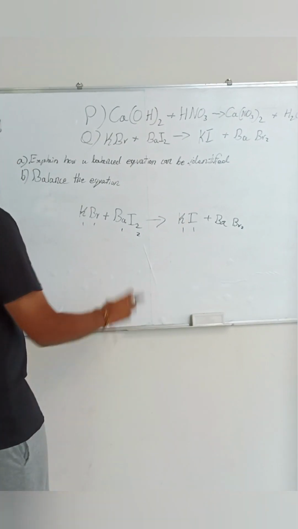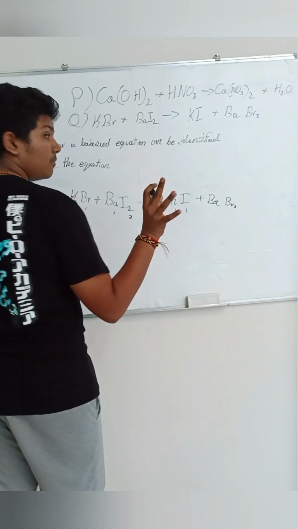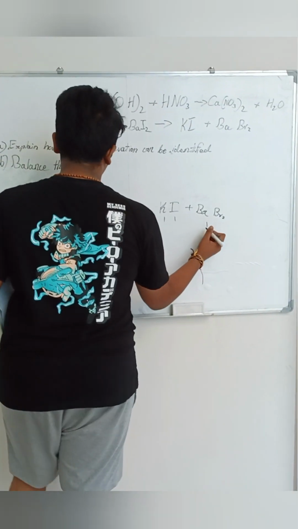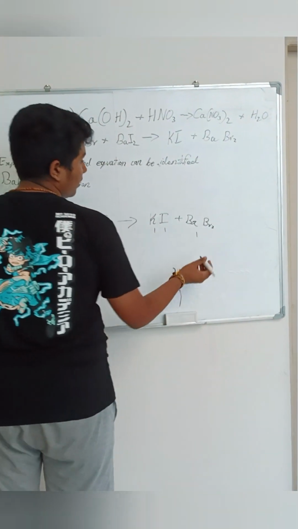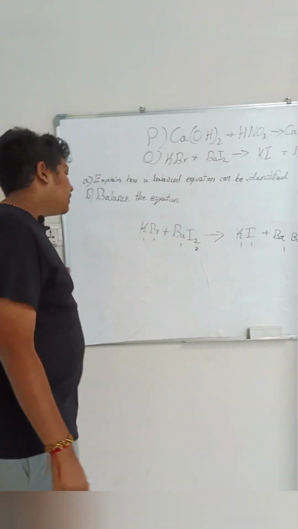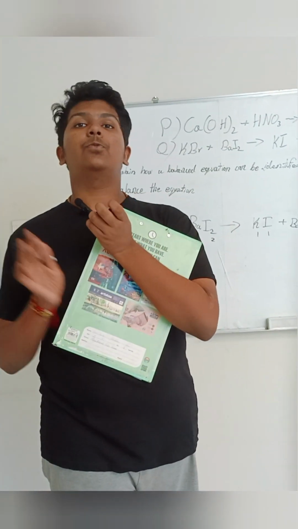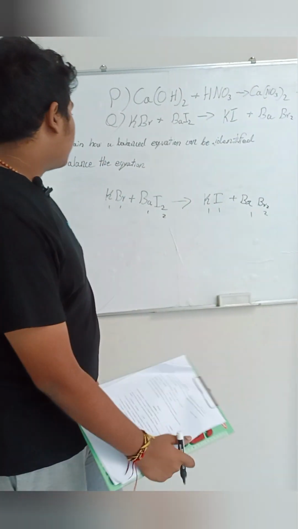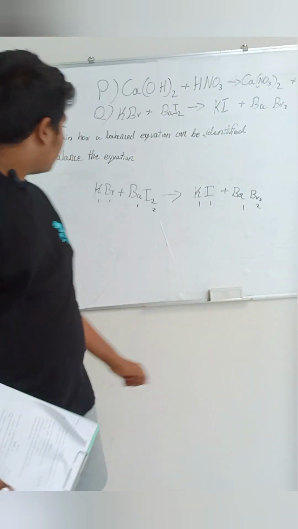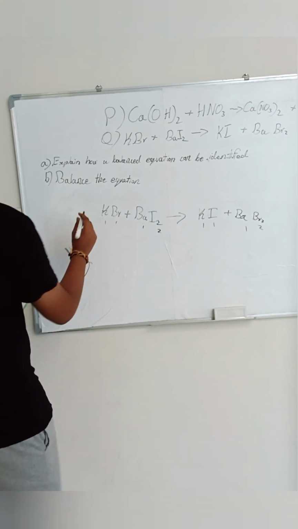Br here is 1, but here is 2, right? So these two are not balanced. Since Br here is 2, why not make this guy 2? So how do you do that? Put a 2 in the front.